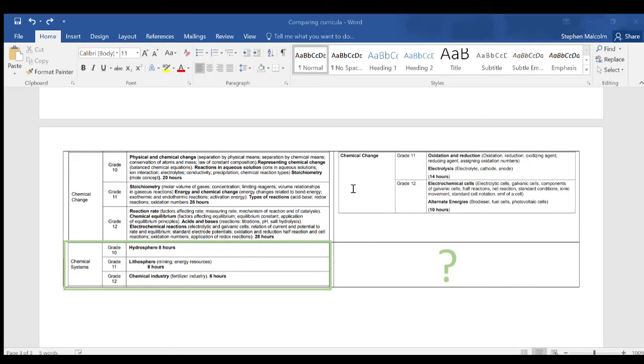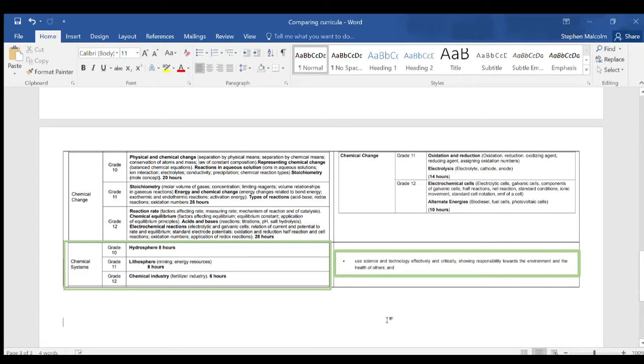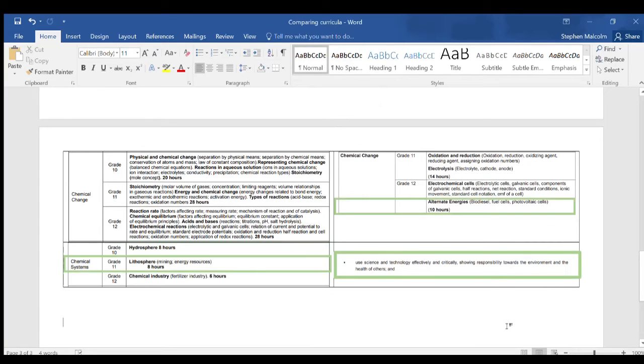One should consider, and one has to do things like environmental impact assessments when planning to develop a new mine or so on. So one of the critical aims of the South African curriculum is that students learn that science and technology should be used with responsibility towards the environment and the health of others.